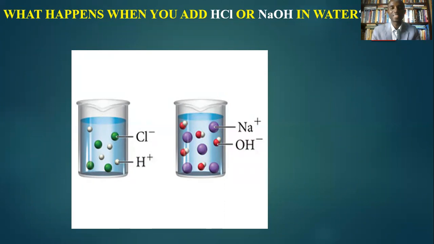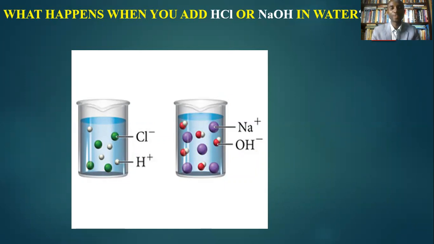Now, that thing that happened that way, in chemistry, a man postulated that it's not every substance that can do that. Some substances can dissolve in water, but they will not produce those ions.